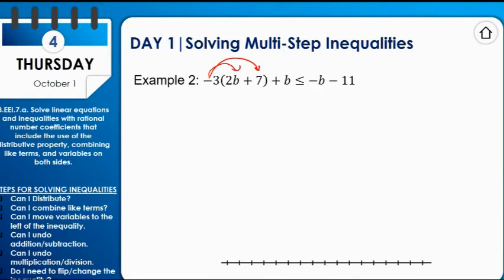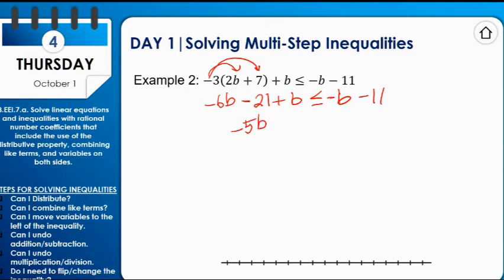I distribute -3 to everything inside the parentheses. 2b times -3 is -6b plus -3 times +7 becomes -21 plus b is less than or equal to -b minus 11.